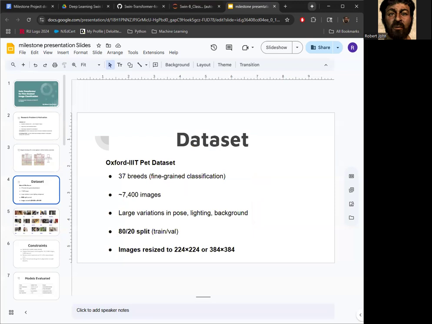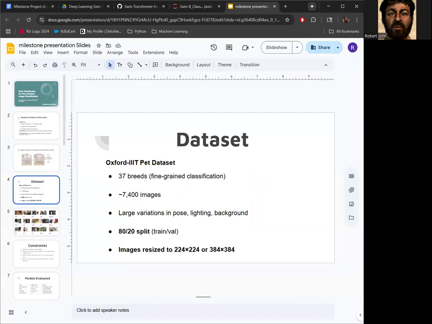We're using the Oxford Pet dataset, which is a fine-grained classification challenge with 37 different pet breeds. It contains about 7,400 images, but what makes it tricky is the variability. The same breed can appear in very different poses, lighting conditions, and backgrounds.